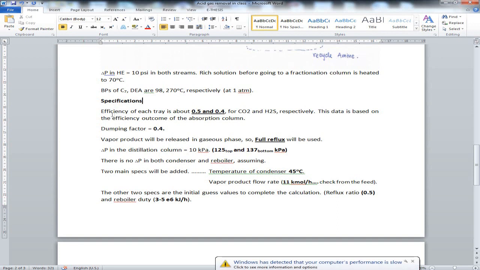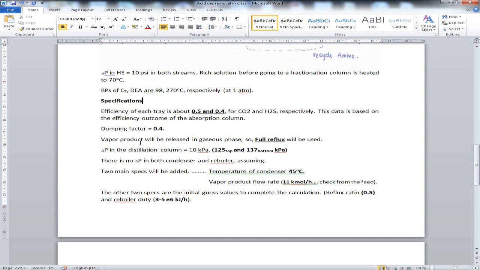The first one, we start with the efficiency of the column. The efficiency of each tray will be about 0.5 and 0.4 for carbon dioxide and hydrogen sulfide respectively. Where did I get this value from? You can take a look at the approximate efficiency outcome from the absorption column.